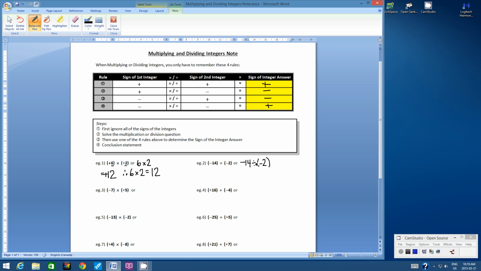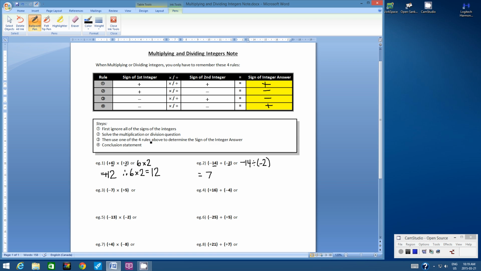All right, so hopefully you came up with this in standard form, negative 14 without brackets divided by negative 2 with brackets. All right, so step number 1, first ignore all the signs of the integers. So we're left with 14 divided by 2. Step number 2, solve the division question. 14 divided by 2 is 7.